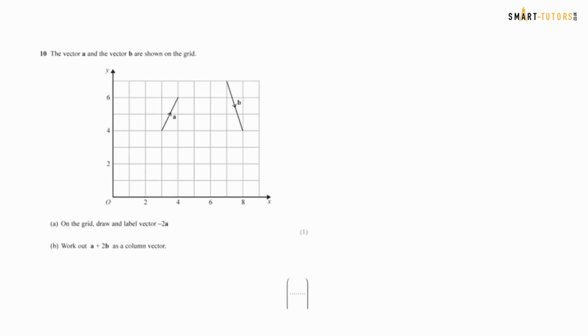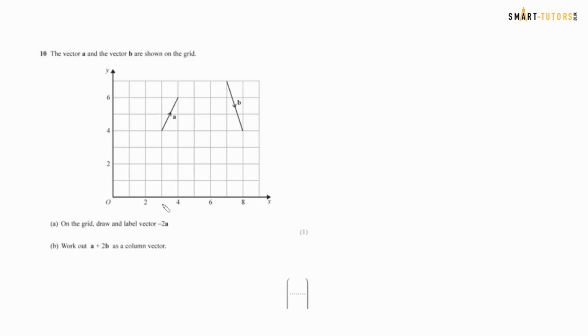Question number 10. The vector A and the vector B are shown on the grid. First part. On the grid, draw and label vector minus 2A.